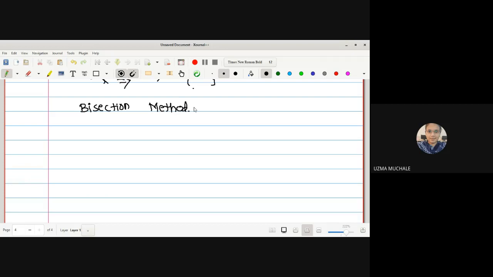The name itself suggests that we are going to bisect it. And before using the bisection method, we must know the intermediate value theorem. Anyone else remembering the intermediate value theorem?